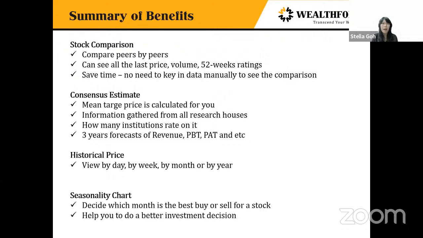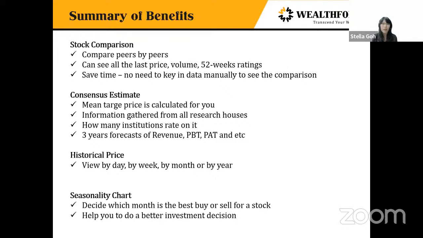So for stock comparison, you can compare the stock peers by peers. You can see all the last price, volume, 52 weeks ratings, and so on. It can help you to save your time, and then you no need to key in the data manually to see the comparison.